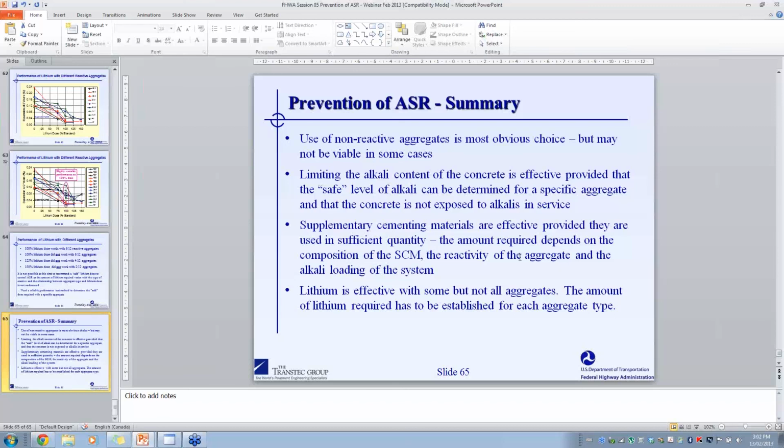However, with some aggregate types, if you have enough reactive silica in them, there's a potential for the reaction to proceed almost indefinitely. We've monitored dams that are 70 or 80 years old that are still expanding. People often think the alkalis might be consumed. The alkalis to some extent are recycled.